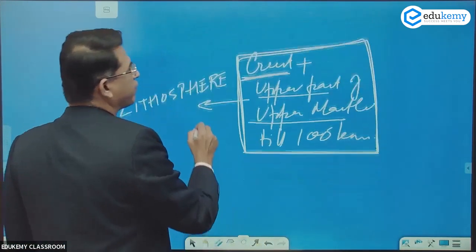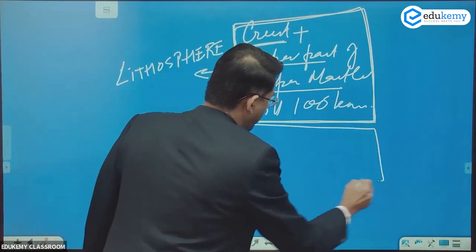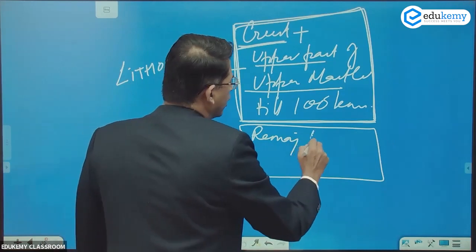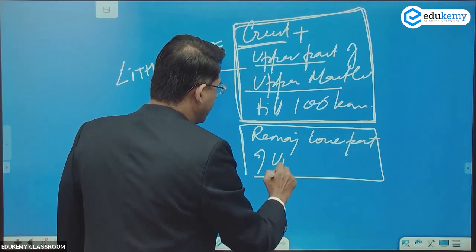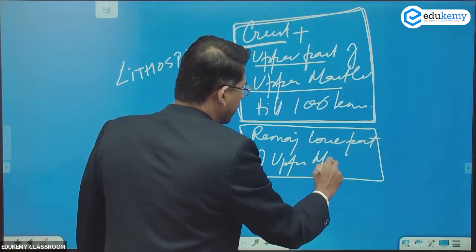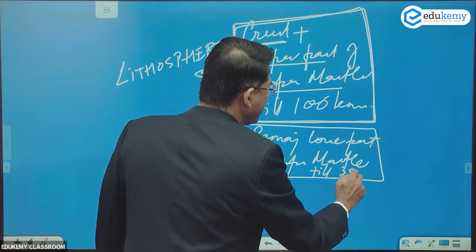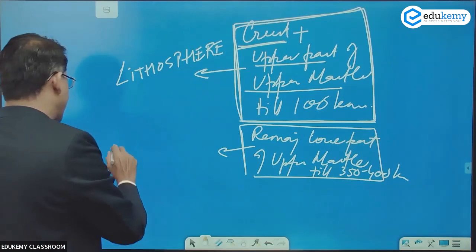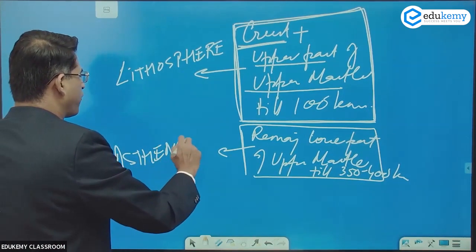Then we have the remaining lower part of the upper mantle till 350 or 400 kilometers. This is called the asthenosphere.